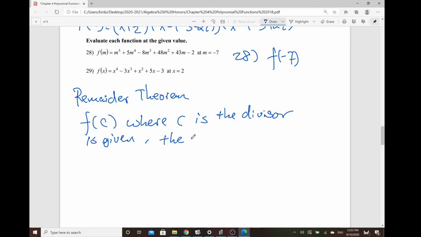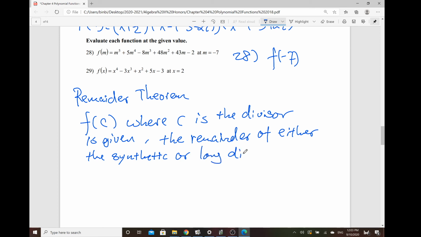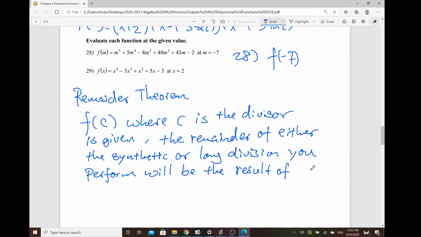When you find out the remainder of either the synthetic or the long division you perform, it will be the result of the value f of c.